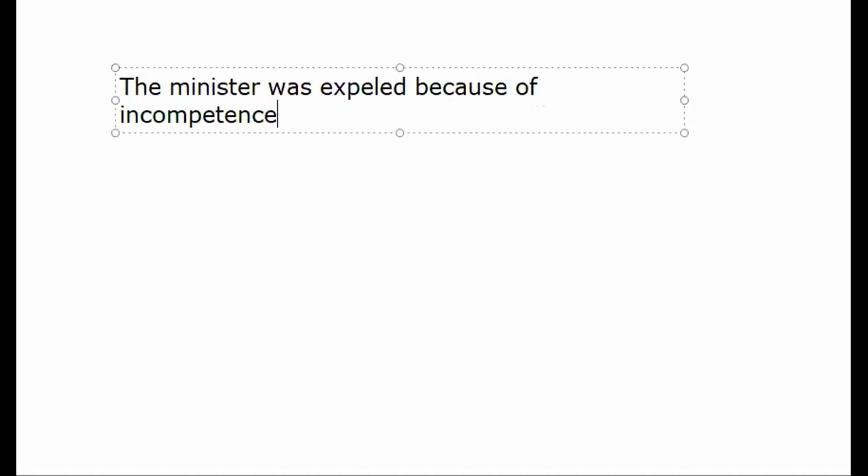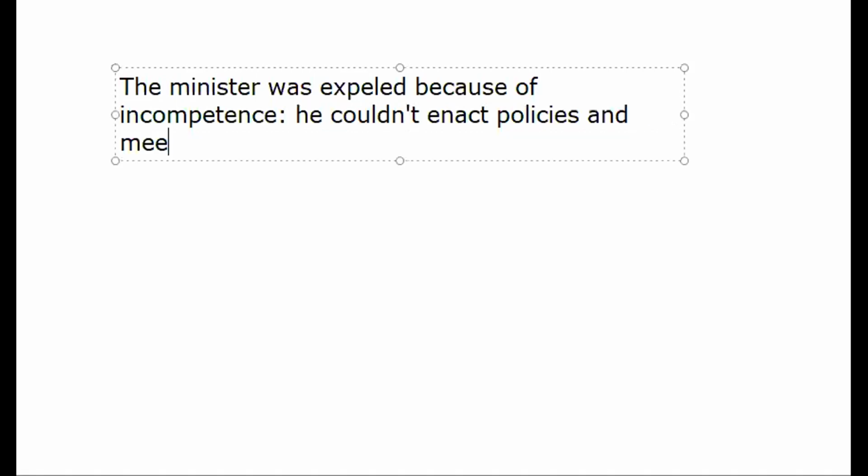Incompetence. So in a sentence, for more information or for more emphasis, we can say he couldn't enact policies and meet the expected performance.